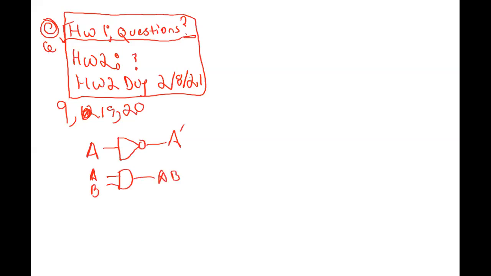But what happens if you add an inverter to the AND gate? Then the output is AB inverted, and that's equal to not A or not B by De Morgan's theorem.